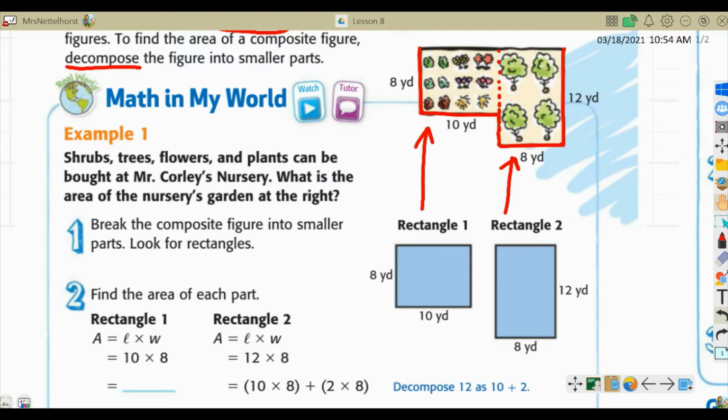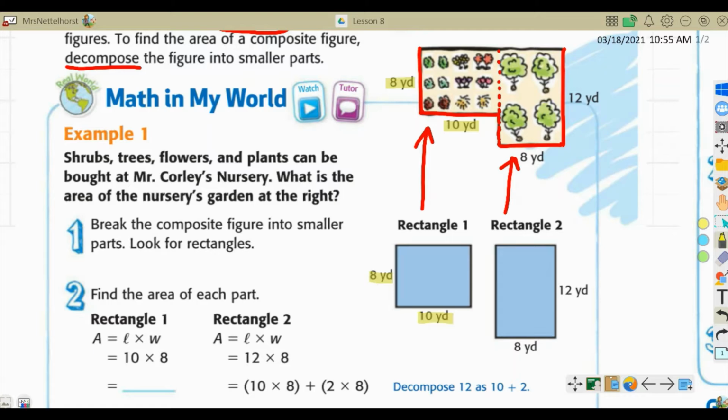So this rectangle 1 is 8 yards by 10 yards. So you have 8 yards here, here's 8 yards. 10 yards here, here's 10 yards.